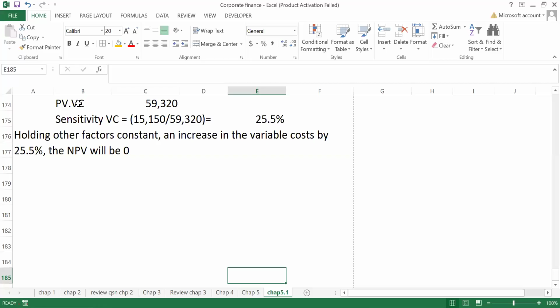Simulation was not asked in the exam. Simulation, it was to explain what is simulation. I think you were supposed to differentiate between sensitivity and simulation.